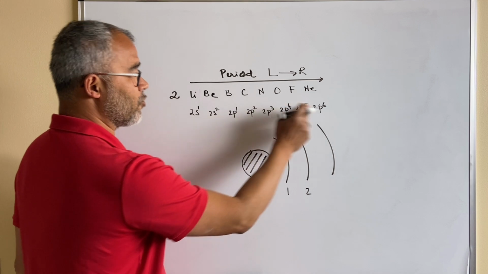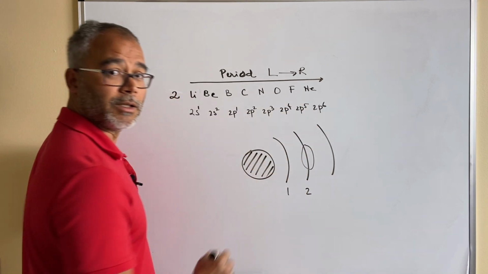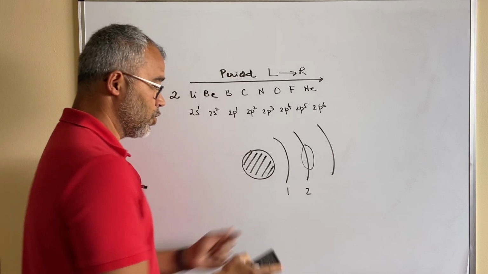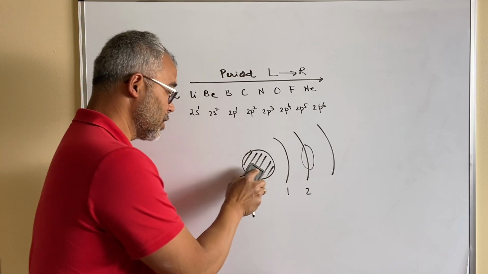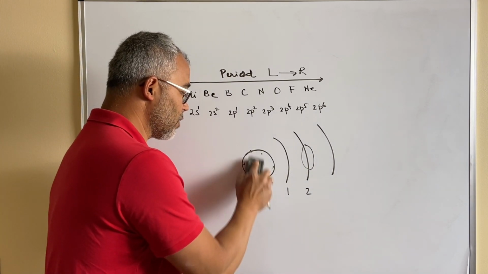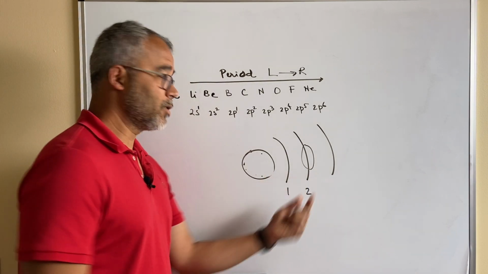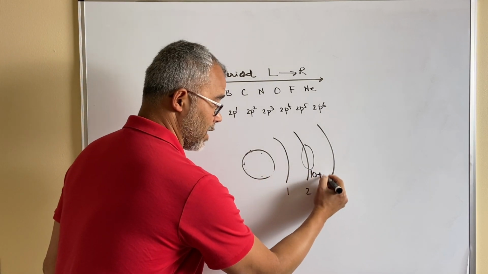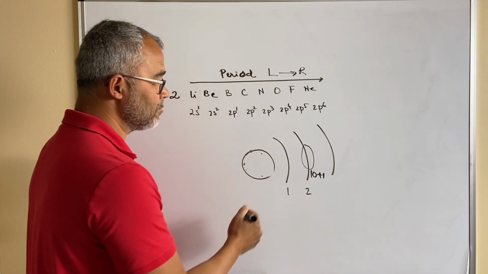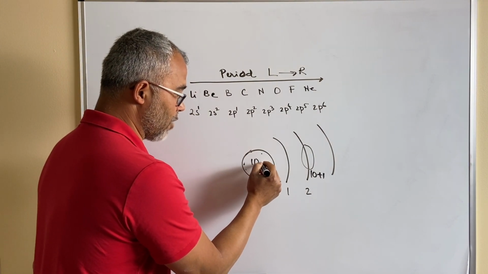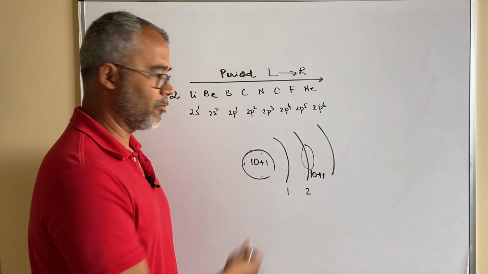All these electrons are getting added to the same level, which means that to balance the charges, for every additional electron you add out here, say you have 10 and you add another one, 11, you're also adding an additional proton inside the nucleus.